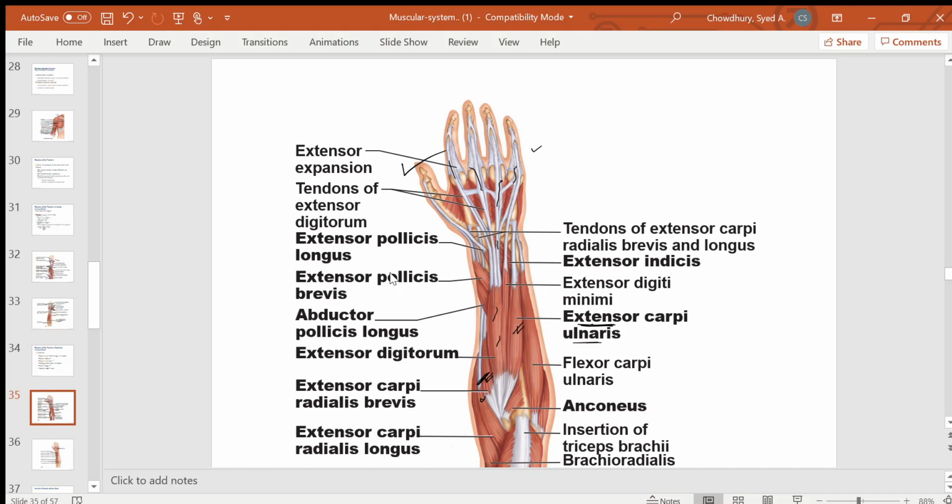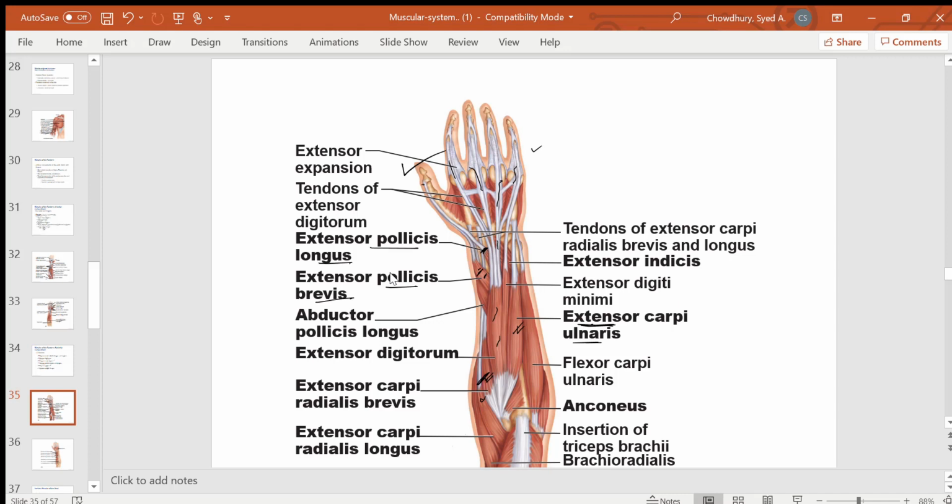So those are the superficial muscles here. And then you see extensor pollicis longus and brevis. This is the longus and this is the brevis. They will go to the back of the thumb, to make the extension of the thumb. That's why extensor pollicis, long and short.